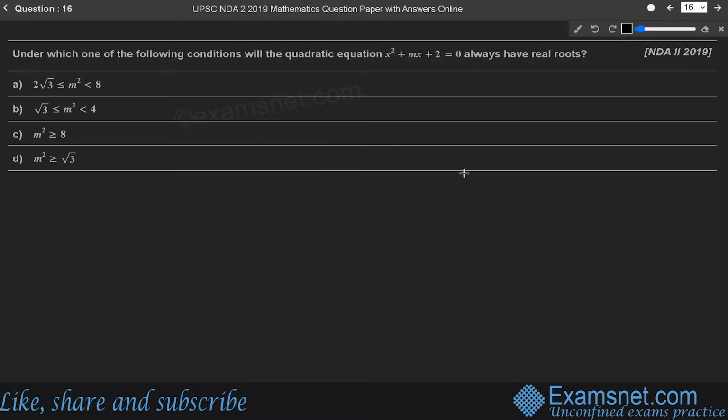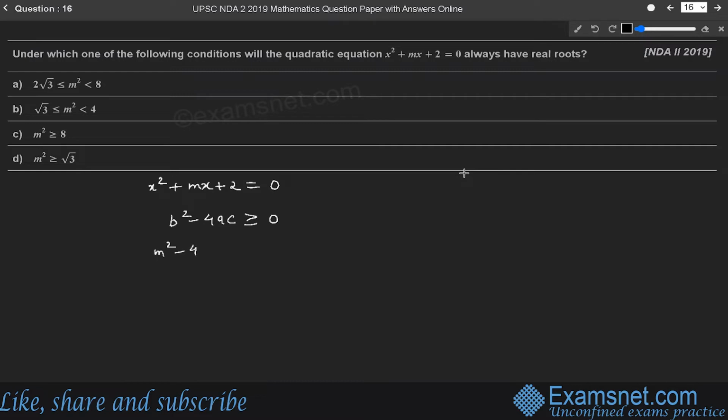Next question is, under which one of the following conditions will the quadratic equation x square plus mx plus 2 is equal to 0 always have real roots? The quadratic equation always has real roots when b square minus 4ac is greater than or equal to 0.